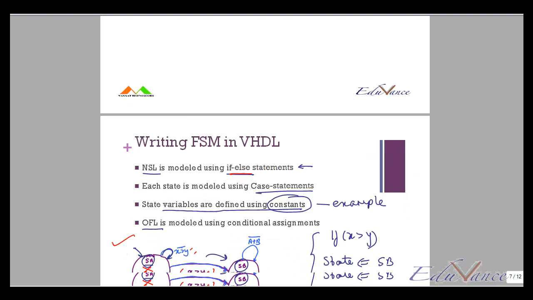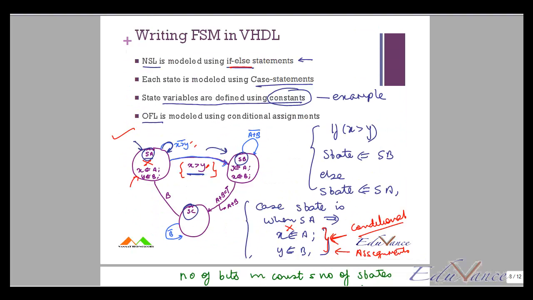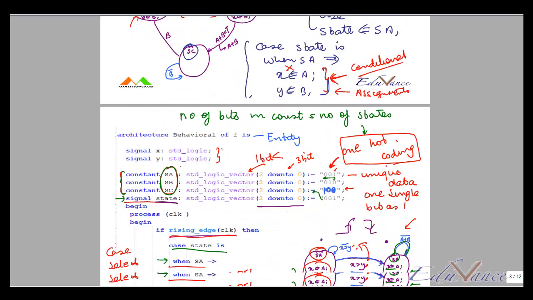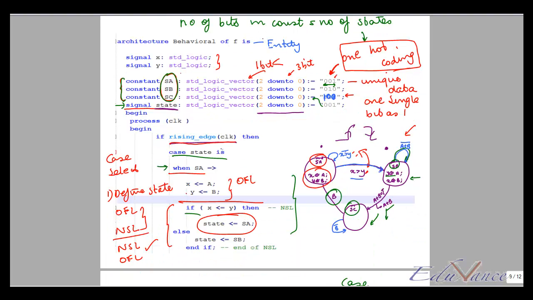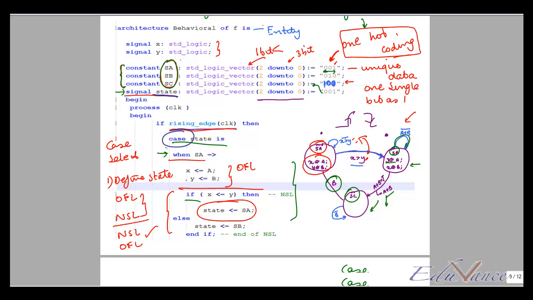Then for the writing of FSM in VHDL, we wrote the states as constants, and then we assigned a signal state which will hold these constants, and then we wrote each state as a separate case, and under that case we wrote the OFL and the NSL as conditional statements.